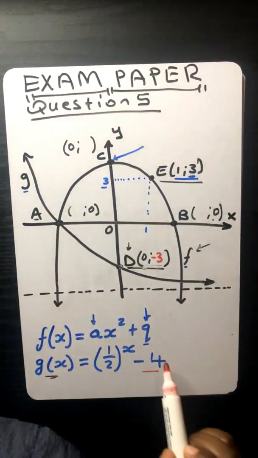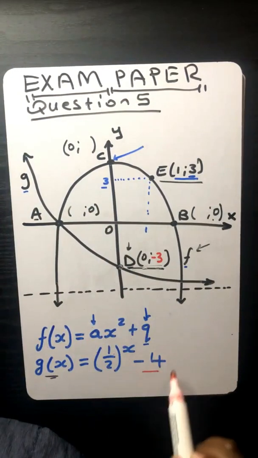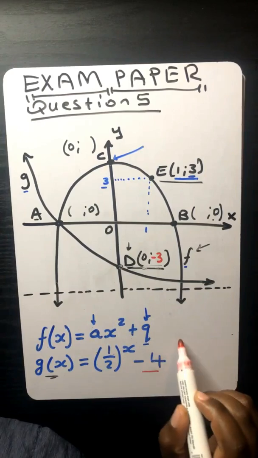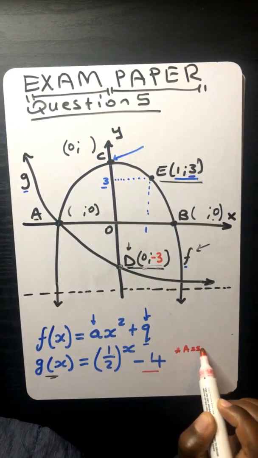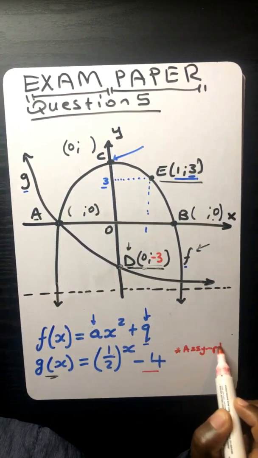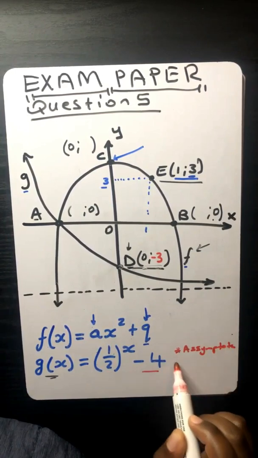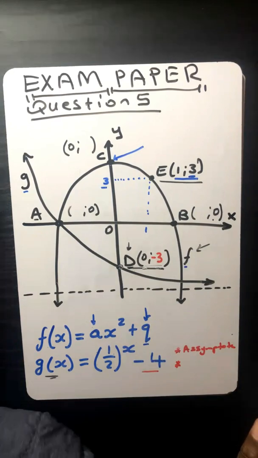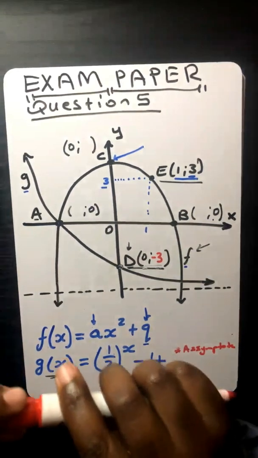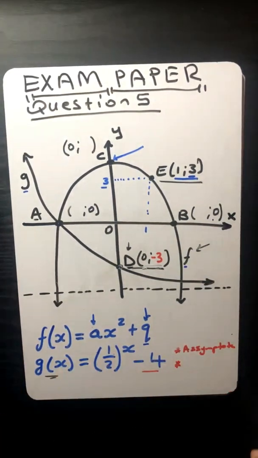And again, what else do we know about that -4? Firstly, you say it's the asymptote. What else do we know about that -4? I know you do know very well, guys.